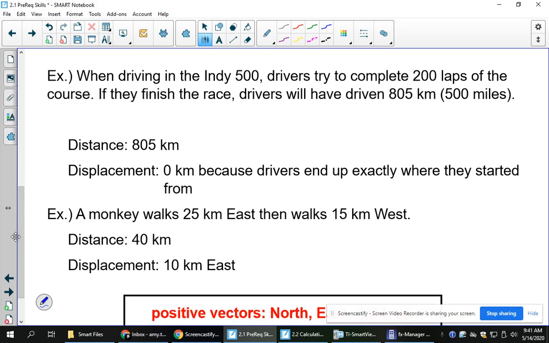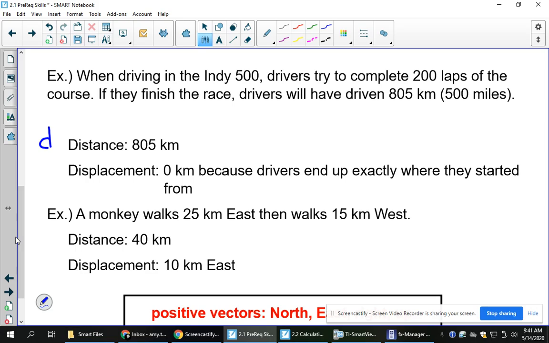Here's an example. When driving in the Indy 500, drivers try to complete 200 laps of the course. If they finish the race, they'll have driven 805 kilometers or 500 miles, hence the name Indy 500. The distance and the displacement are very different. Distance is a scalar, okay?